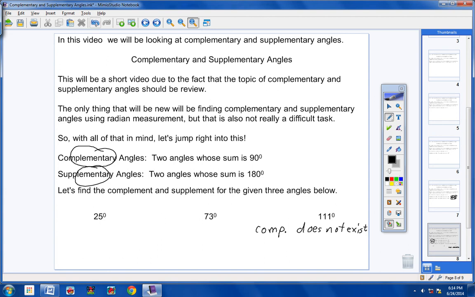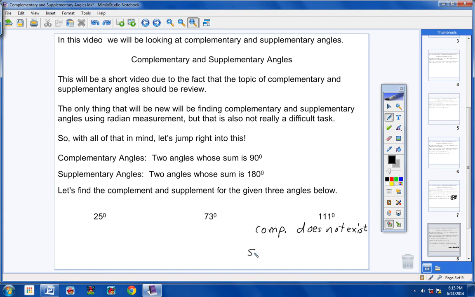Now there is such a thing as negative angles, and we'll get into that later. But when it comes to finding complementary and supplementary angles, we are not going to use negative numbers. So there is no way we can add anything to 111 degrees and come up with 90 unless it was a negative 21. And we're not going to use negative angles. So the complement does not exist.